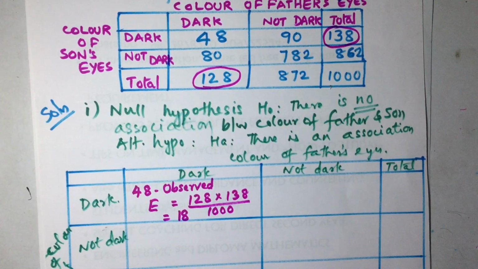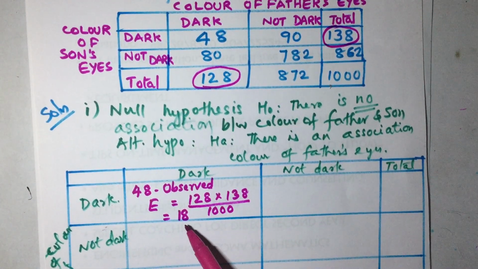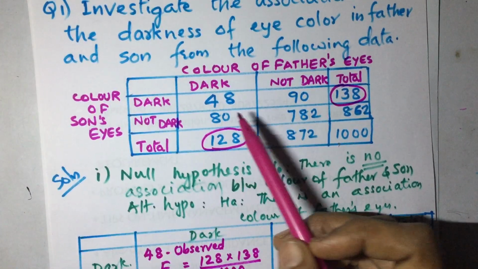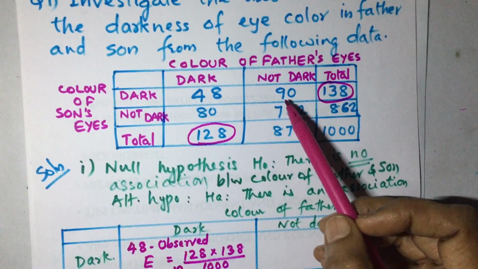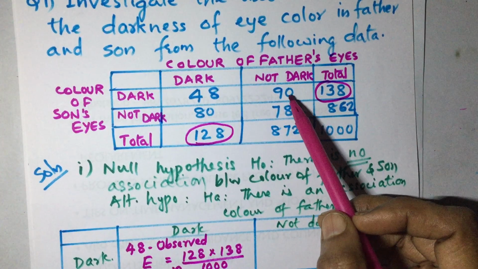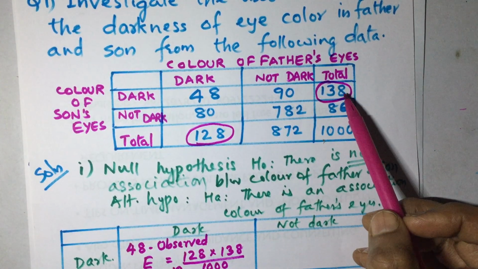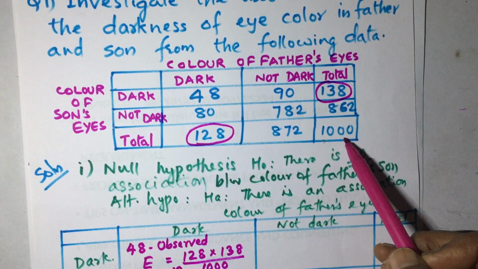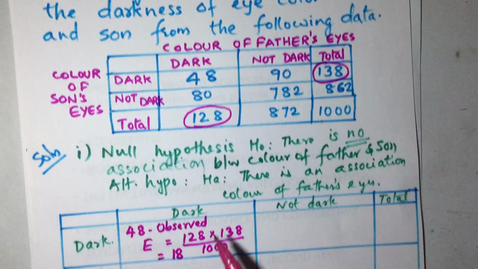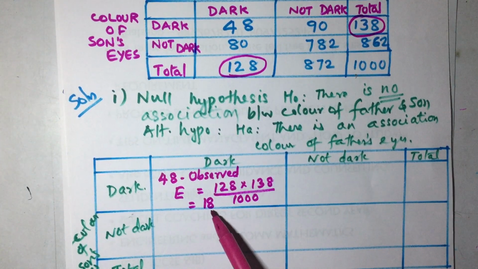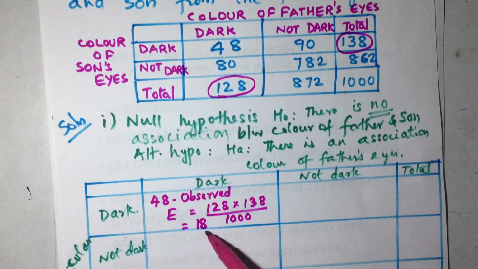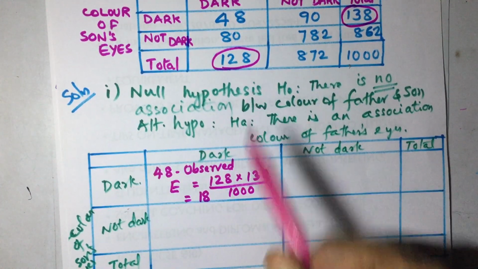Okay, now after getting this number it's easy to find all the other numbers. So understood how to find. Suppose I want to find the expected frequency for 90, I will get 138 multiplied by 872 whole divided by 1000. But it is not necessary, because if you get this one result, the remaining all you can find out. So this is 18 and this total is not going to change.